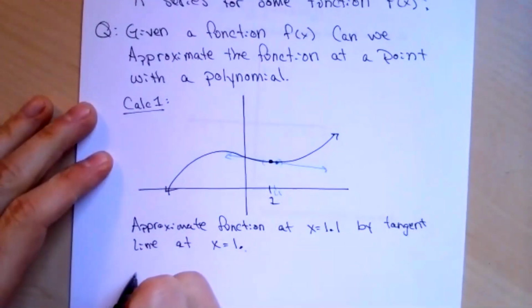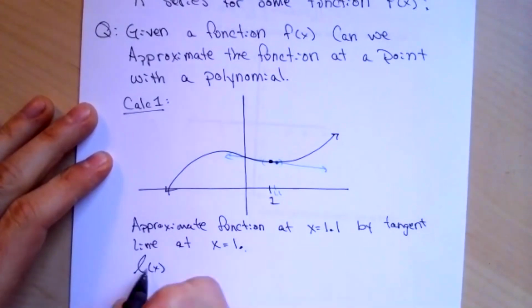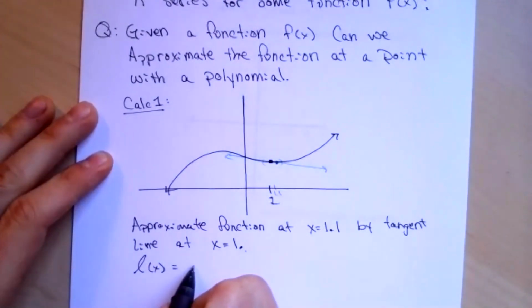And so what we found was, I like to use L of x. So L of x is the tangent line. This formula should look fairly familiar.